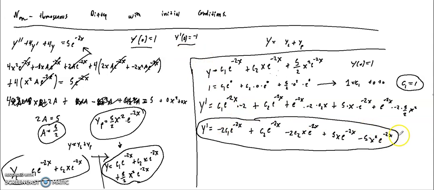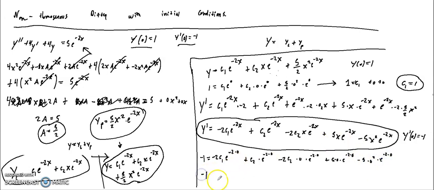Now let's try y prime of 0 equals negative 1. That's our other initial condition. So we get negative 1 equals negative 2 C1 e to the negative 2 times 0 plus C2 times e to the negative 2 times 0 minus 2 C2 times 0 times e to the negative 2 times 0 plus 5 times 0 times e to the negative 2 times 0 minus 5 times 0 squared times e to the negative 2 times 0.